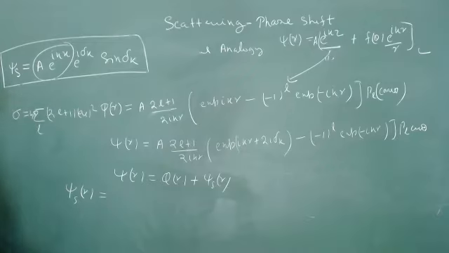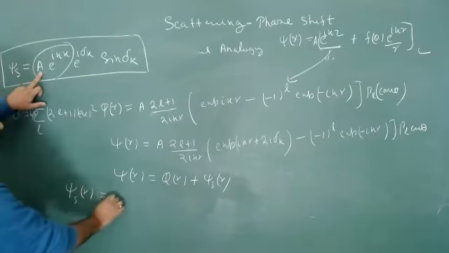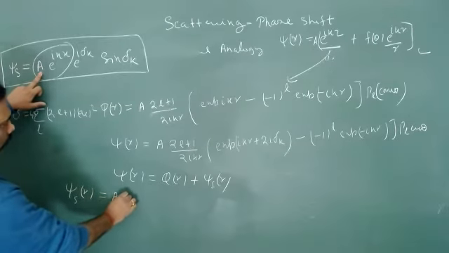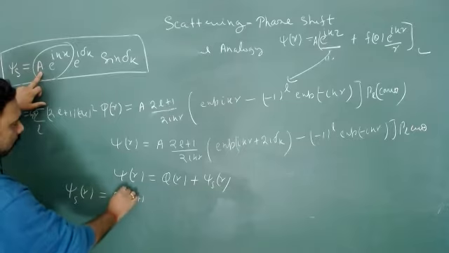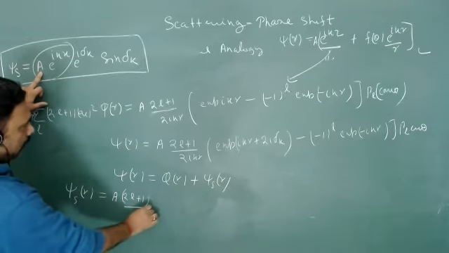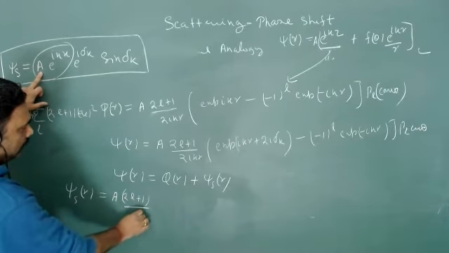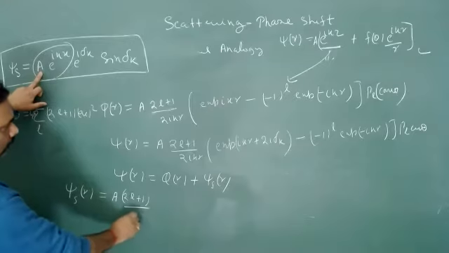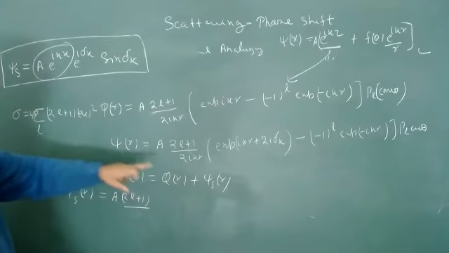Can you tell me what it will be? First of all, what is my amplitude part? Amplitude part is 2l plus 1 for the given value of L. And what is my outgoing?